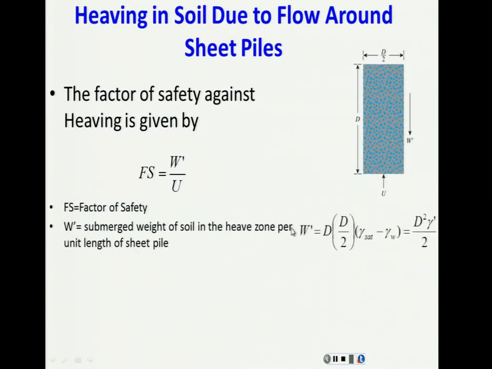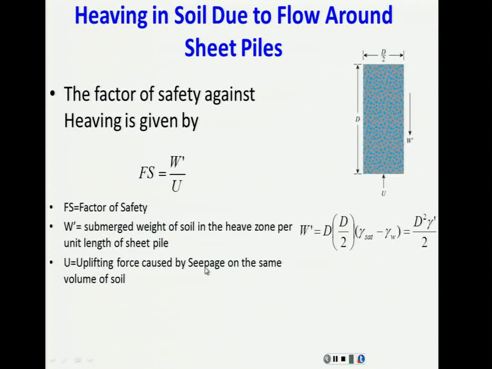This value, which is the submerged weight of the soil, is just D, remember the depth of the sheet pile, times D/2, divided by 2, and remember this is multiplied by the submerged unit weight, but remember this is per unit length. We are always calculating, as we calculate these types of structures, per unit length. So basically this weight is D squared gamma prime divided by 2.